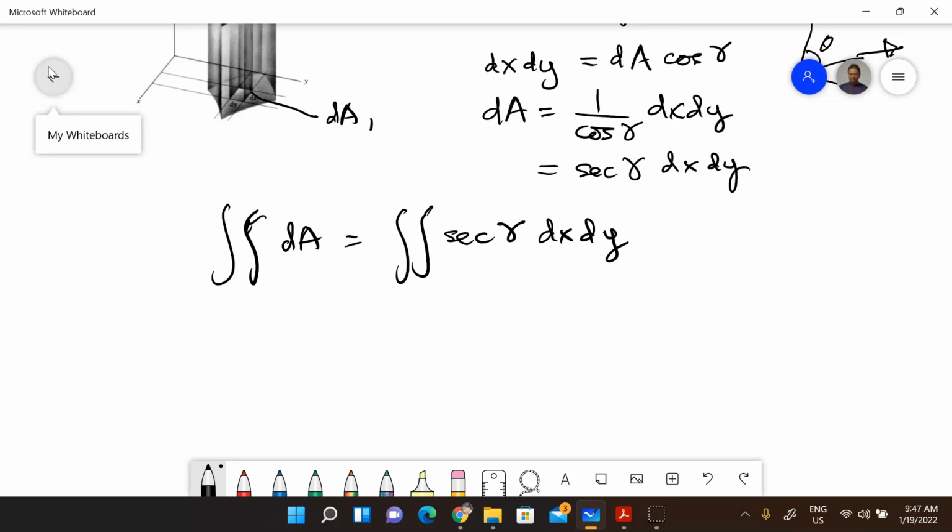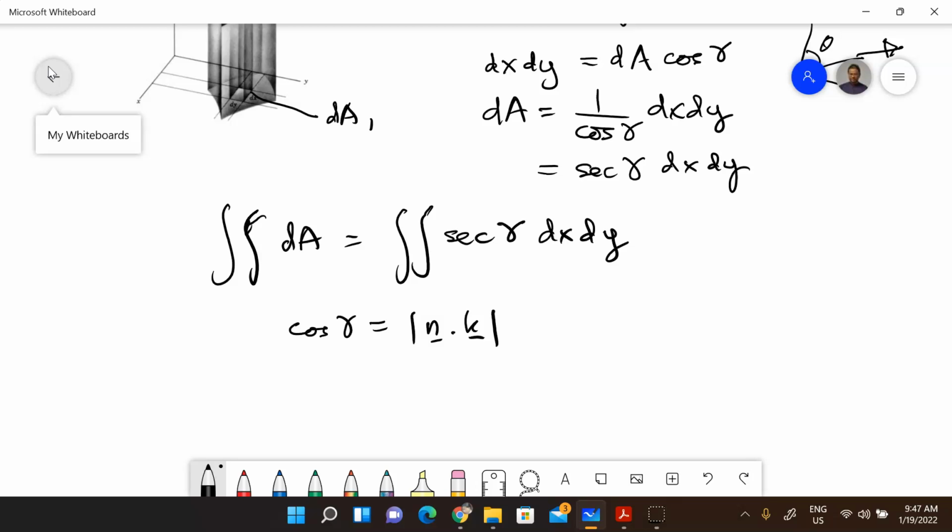And this cos gamma, let me write down, your cos gamma is coming from normal dot k. So our problem here is now trying to establish what this angle gamma is.